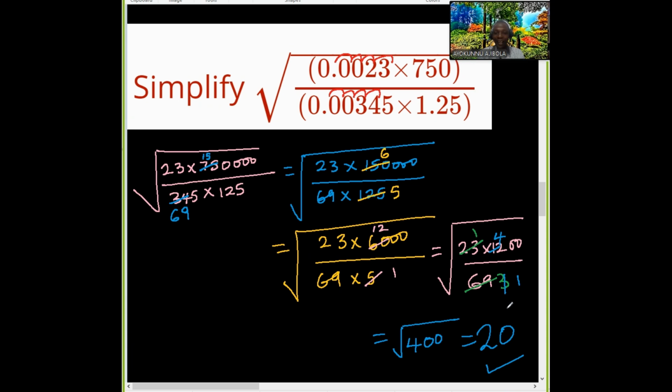What I'm trying to say is that you might have gotten the 400 initially and you just say, oh, 20. You have to calm down and say, okay, this is 20, because in the options you might see 40, you might see 20, and you pick 40. Somebody will say you don't know what you're doing, meanwhile you know what you're doing. Okay, you only need to be a little more patient. Is that clear? Yes.